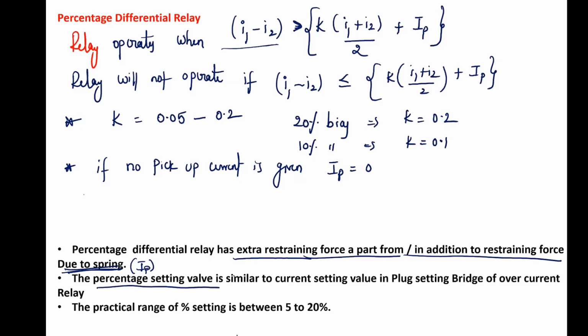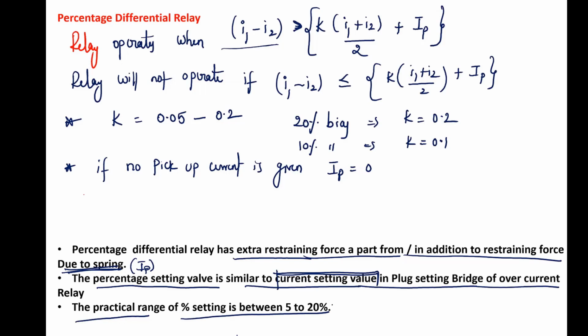The percentage setting value is similar to the plug setting in the overcurrent relay. So you can change this percentage bias also by using some slider or knob. The practical range of percentage setting is from 5 to 20%.